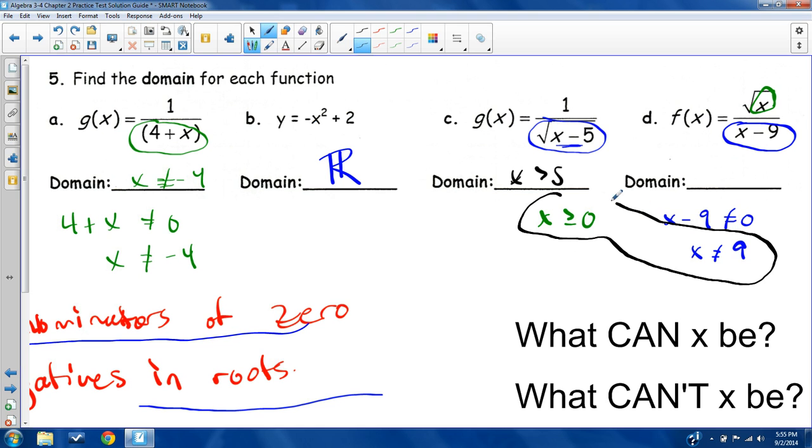You're going to say x better be greater than or equal to 0 for this part to work, and x better be not 9 for this to work. So x is going to be everything greater than or equal to 0, but x can't equal 9. That's kind of the best way I can put that one for you, because it'll basically jump 9 and do anything else that it wants to, and you'll still get a number out for f of x.